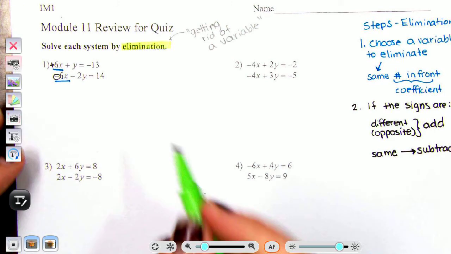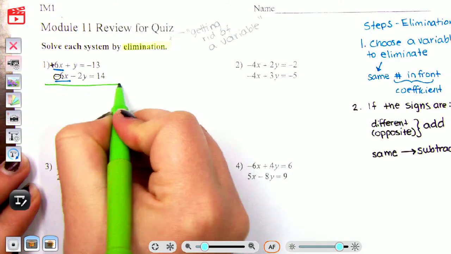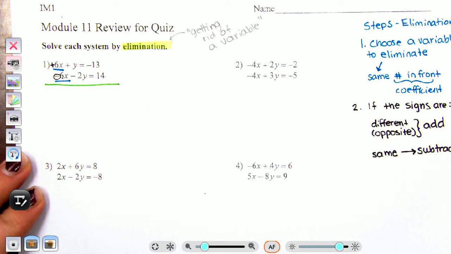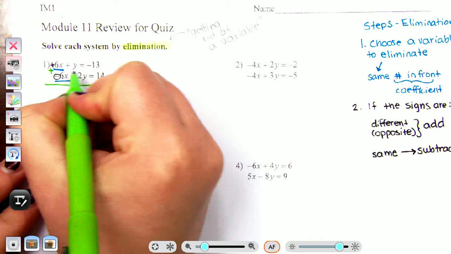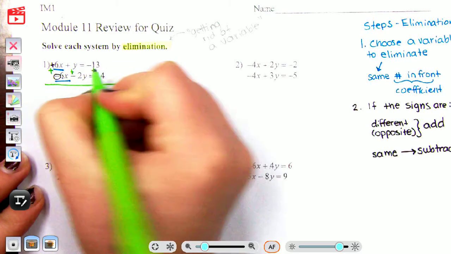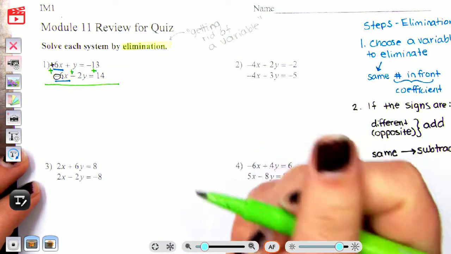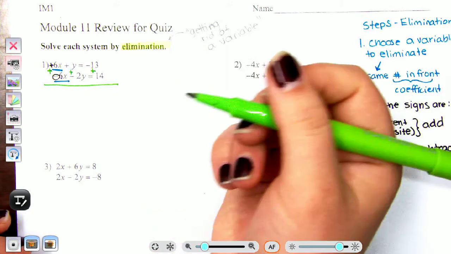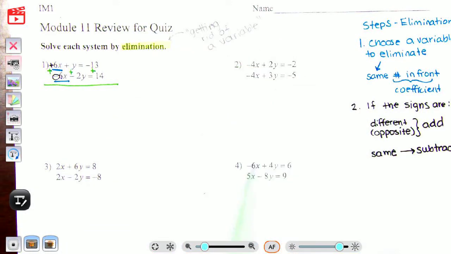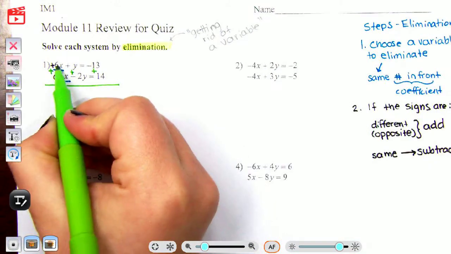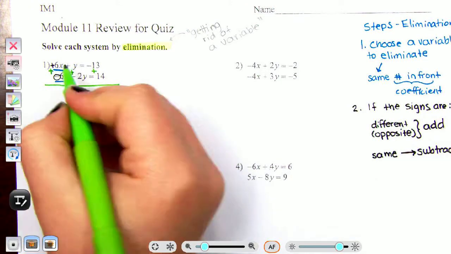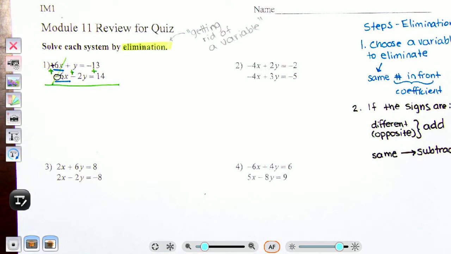And this is how I would like for you to add. You're going to draw a line underneath. You're going to do pluses between all of the terms, top and bottom. And then you're actually going to add, just like we did back in elementary school. So 6 plus negative 6, that's nothing.